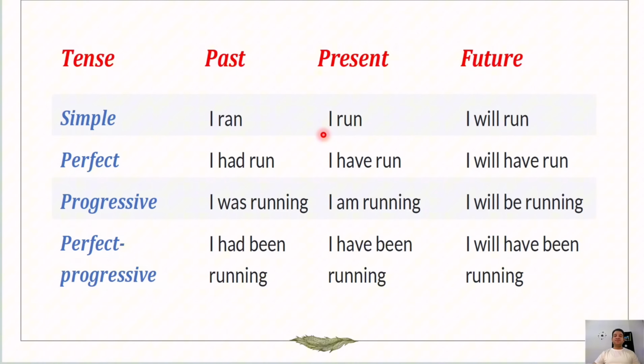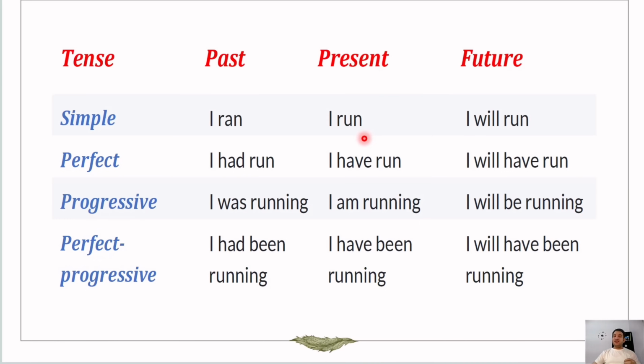For example, I may say I run, but when I use he, I'm gonna say he runs. So I run without any s in the end, but if I use he, she, or it, I'm gonna add s, so it would be he runs, she runs, it runs.